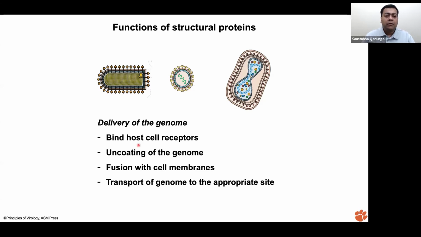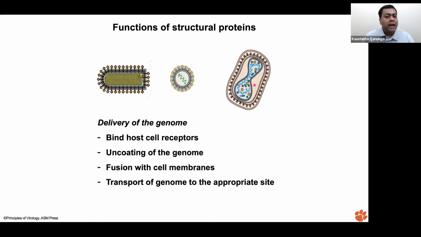And then it also allows uncoating of the genome, fusion with the cell membrane, as I said, and transport of the genome to the appropriate site, either the cytoplasm or the nucleus. And remember that just entering the cell is not good enough. Once the viral particle enters the cell, usually it will use some kind of vesicular transport to transport that genome to a target site.